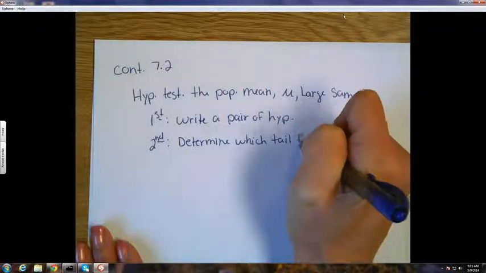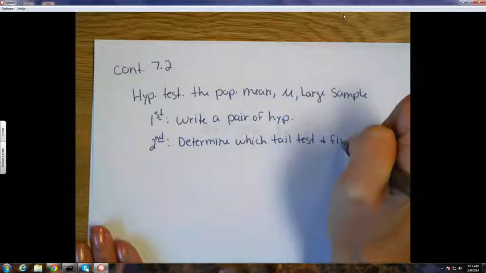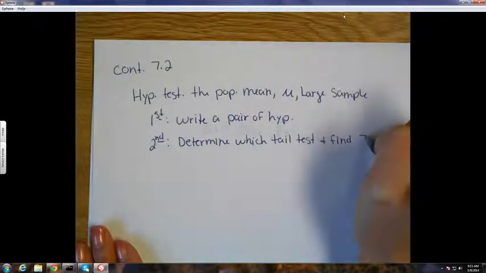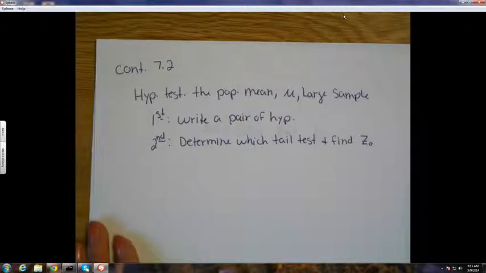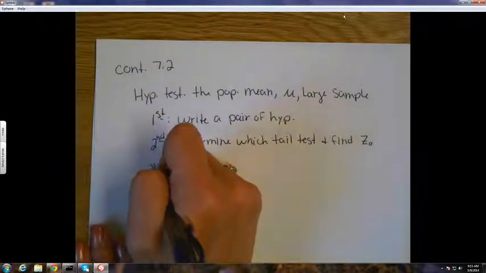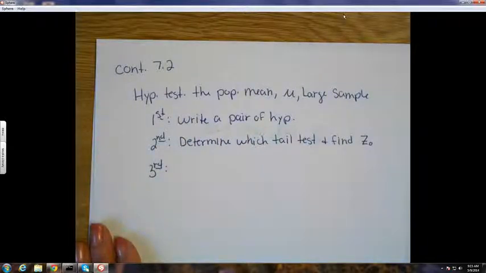Determine which tail test, and find your critical Z-score, Z sub 0, that separates the rejection region from the fail to reject region. We did that yesterday. And then, I'm going to use the vocabulary that the book uses, because it comes up on the test that way.